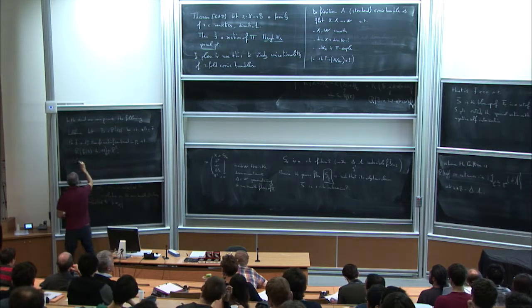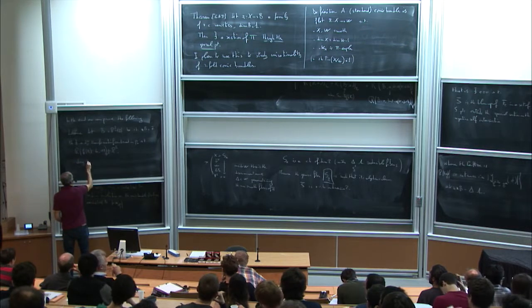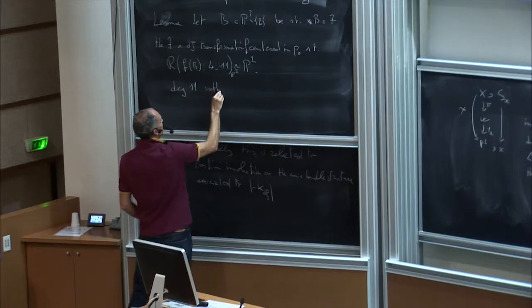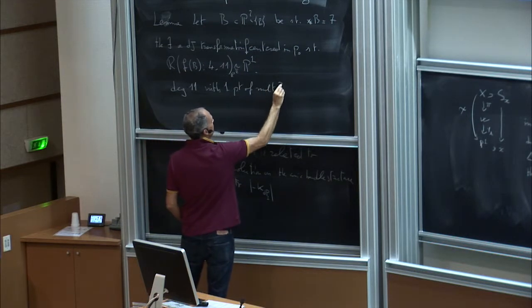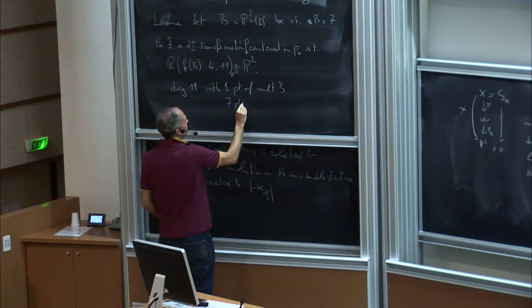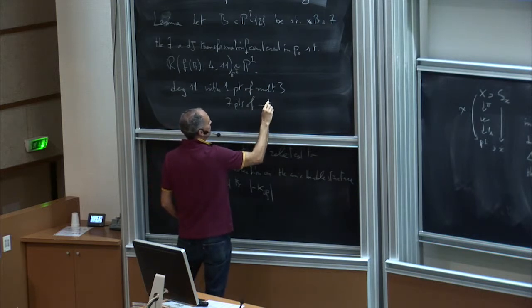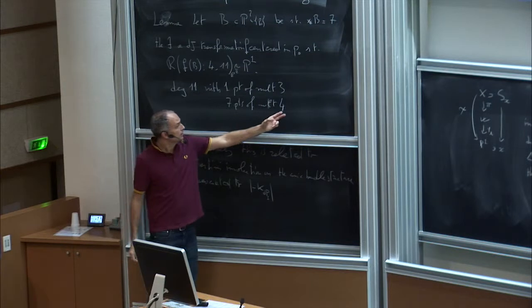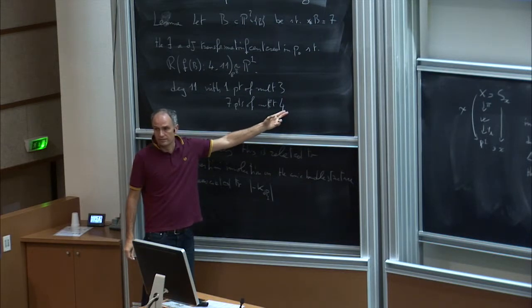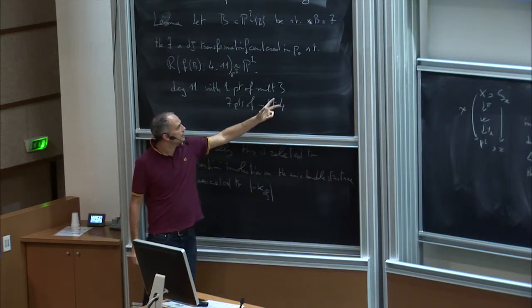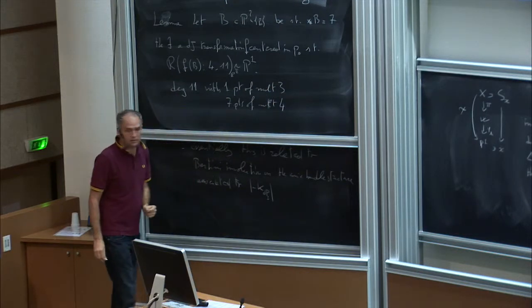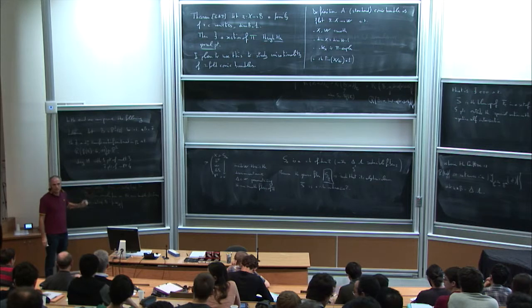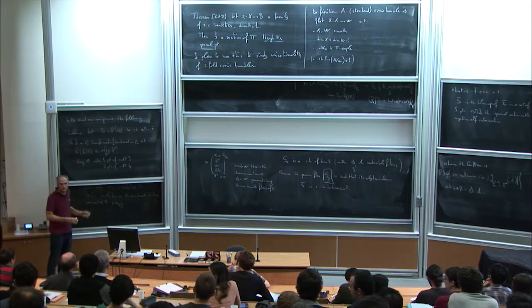So these are degree 11 with 1 point of multiplicity 3 and 7 points of multiplicity 4. So A is 4 in this case. So 2A is 8, 2A plus this one plus 3 is 11. So yeah, rational curves. These are the rational curves I'm, in the end, able to produce.